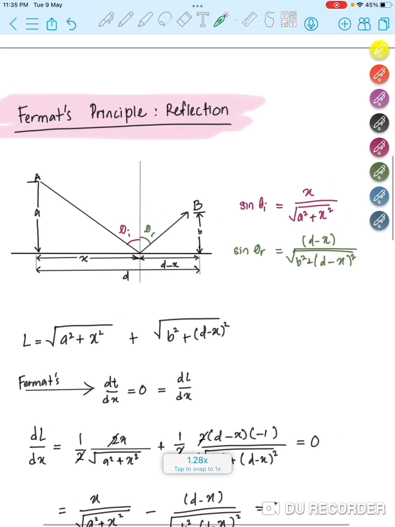So the sine of the angle of incidence is x over square root of a squared plus x squared, and the sine of the angle of reflection is (d minus x) over square root of b squared plus (d minus x) squared.